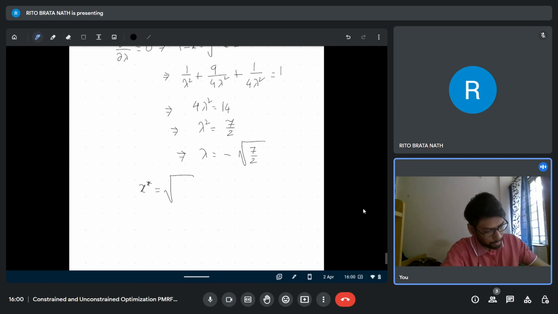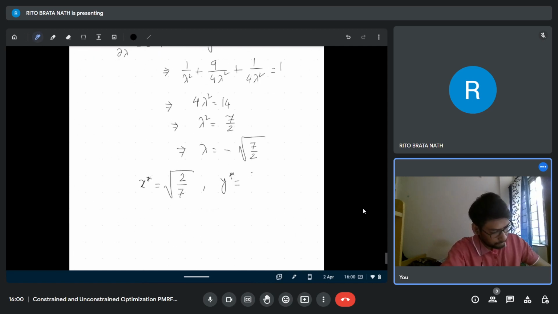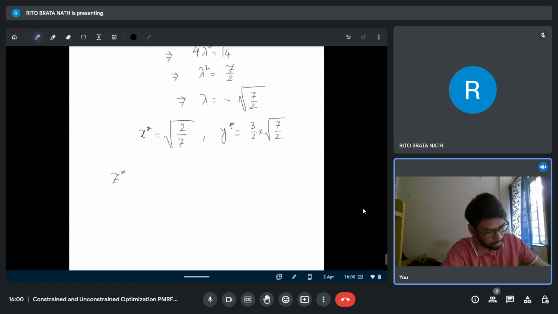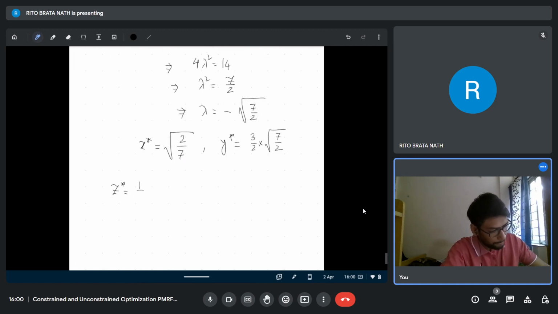So this becomes root 2 by 7. Y star, this was minus 3 by 2 lambda, and z star is minus 1 by 2 lambda.